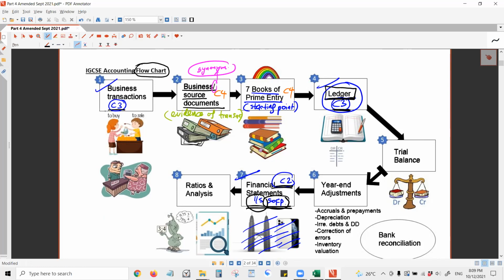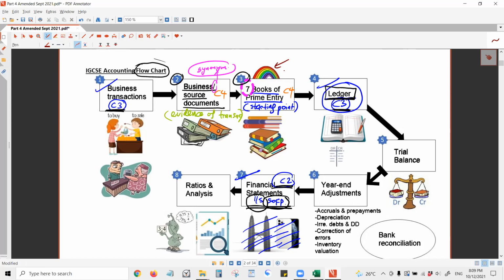And then I also have to know what are transactions, right? So like I said, this chapter we focus on step 2 and step 3, the documents and the books of prime entry. There are 7 books of prime entry in total. We are going to look at what they are. How to remember that there are 7? Look at the rainbow.